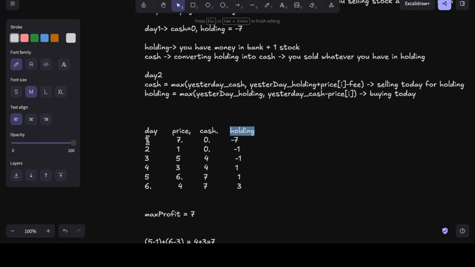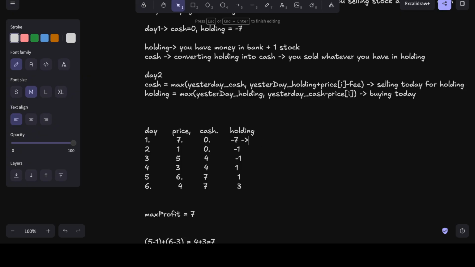On day one, which is day zero if you consider zero indexing, you don't have any holdings or any cash, so we have only zero cash. And if you buy today on day one, then we have a holding of -7.